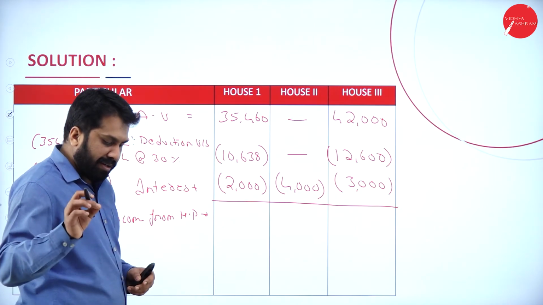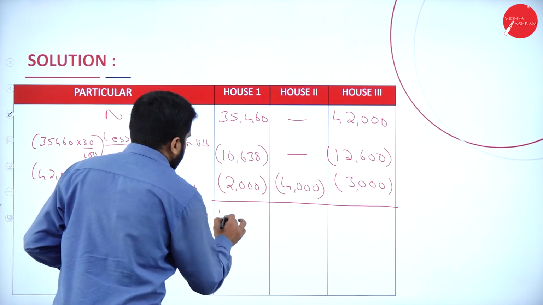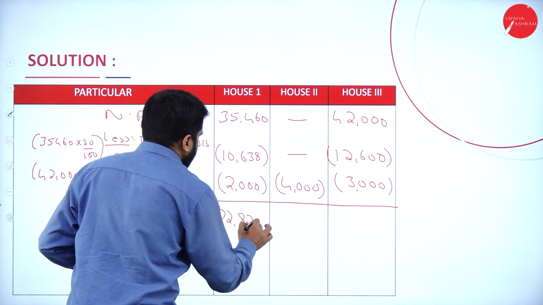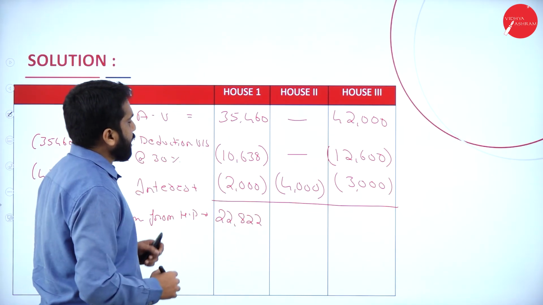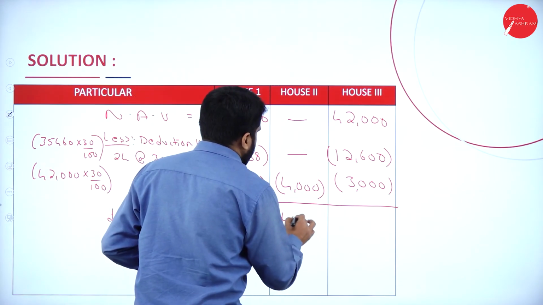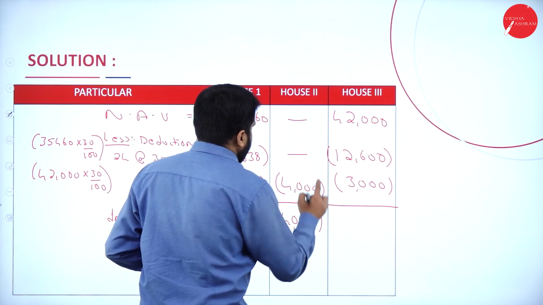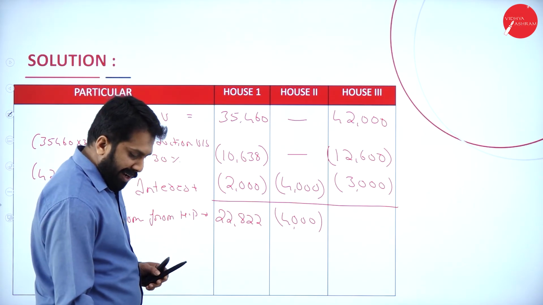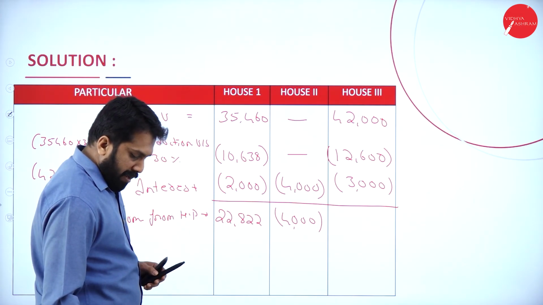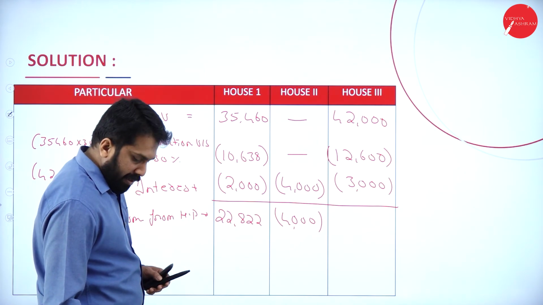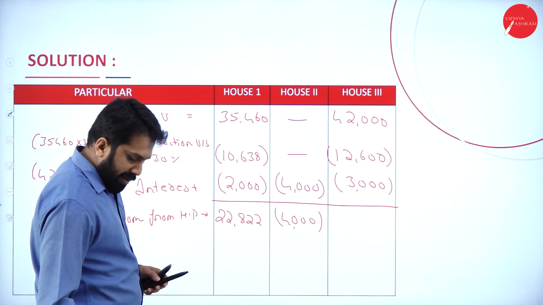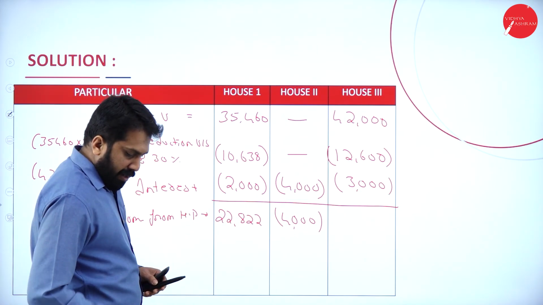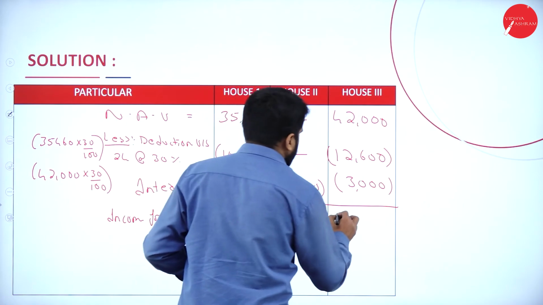I'll get 22,822. Similarly, second one, it is directly minus 4,000. And the third one, how much it is? 42,000 minus 12,600 minus 3,000. 26,400.